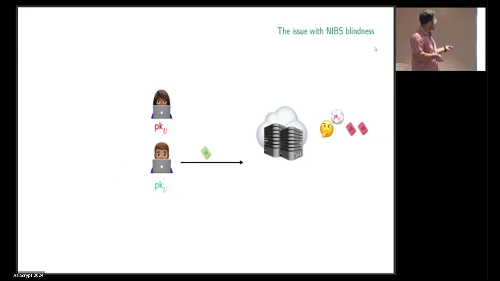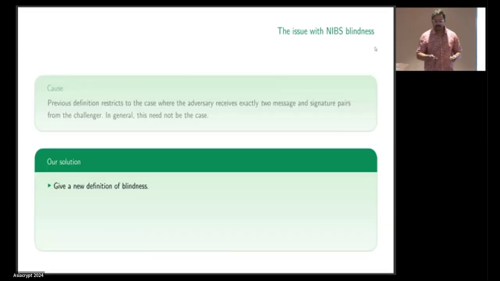And moreover, when the second user comes with one token, not only does the signer learn that it's from the second user, it also learns that it's linked to this specific pre-signature. So clearly this is a problem.